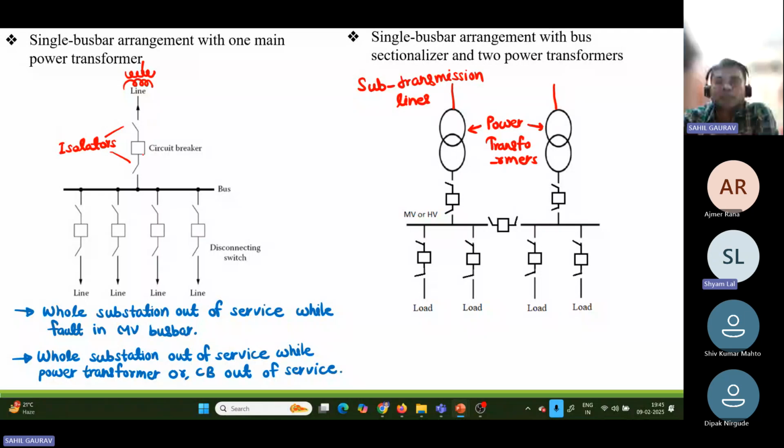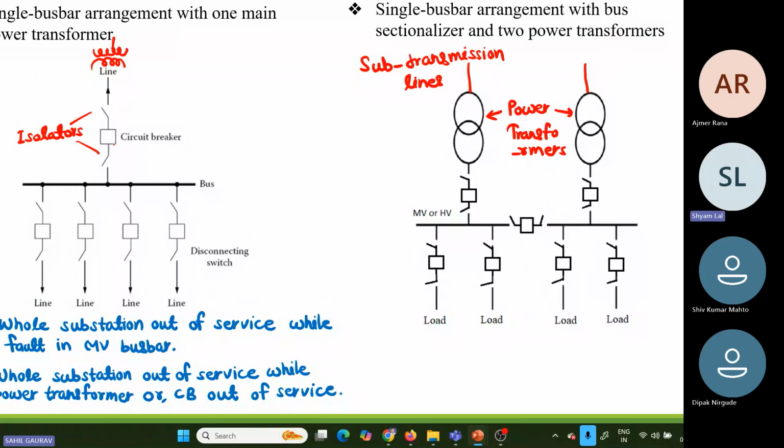Let me share again. So I will just stop the sharing. Let me share it again. Now it is visible. No, it's not visible to us. Still not visible.